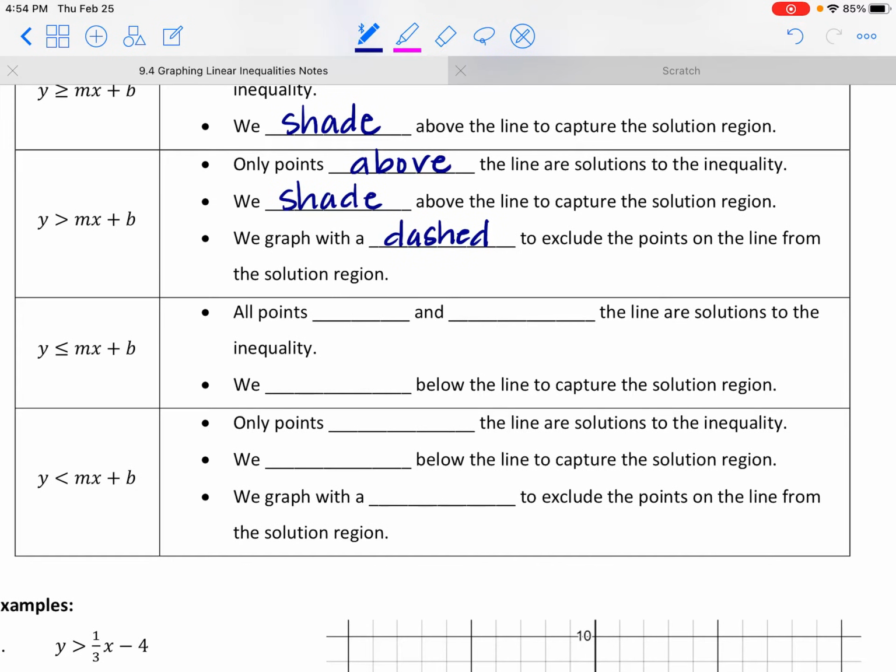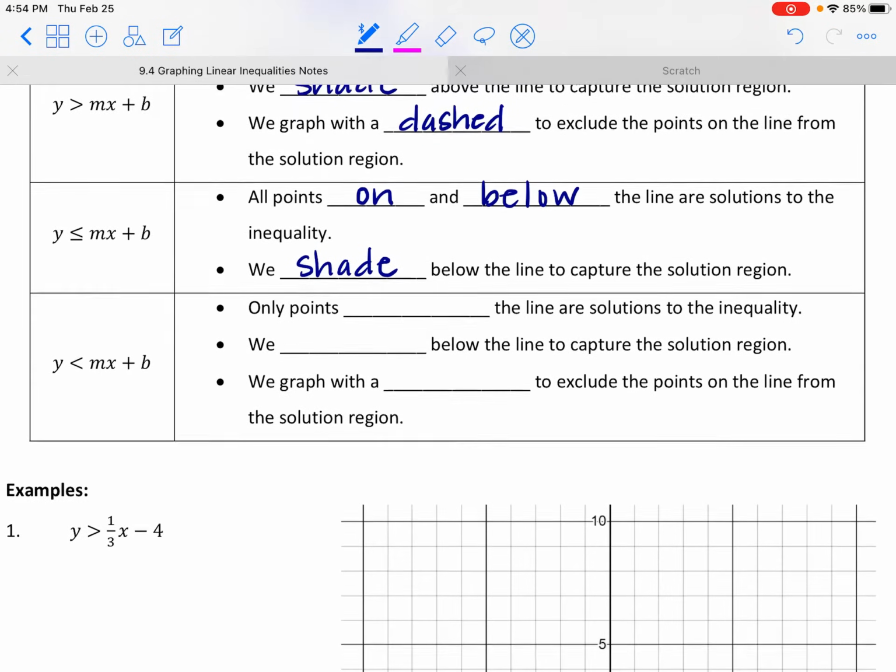Now, if we have less than or equal to, all the points on the line are solutions, and all the points on and below the line are solutions. And so we're going to shade below the line to capture the solution region.